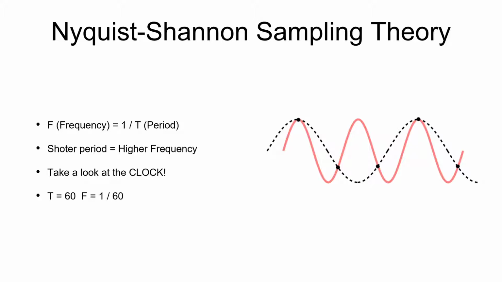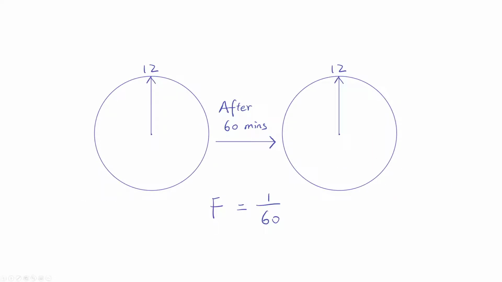Assuming we now have an hour hand on the clock pointing to 12, just like this. If we record a sample every 60 minutes, which is exactly the period of the hour hand of the clock, then every time we take a sample, the hour hand is pointing to 12, which means that the hour hand is not moving at all.